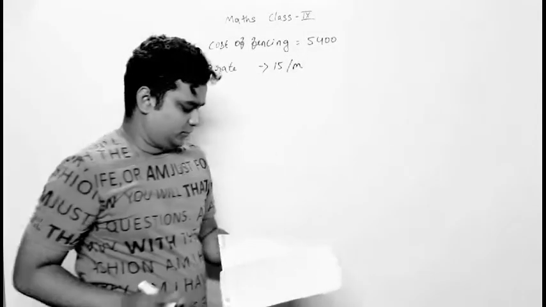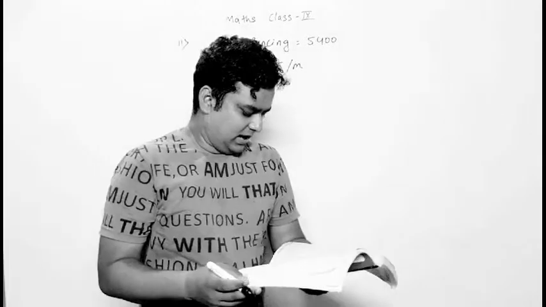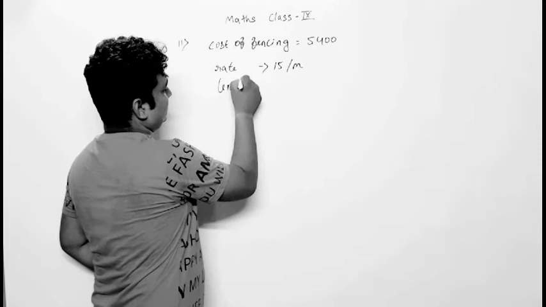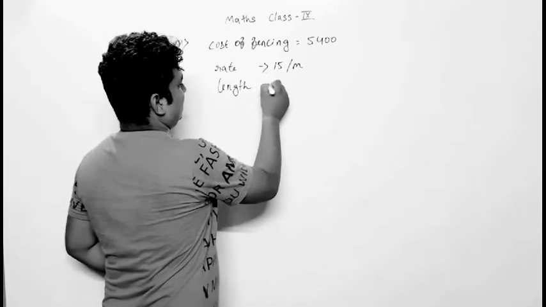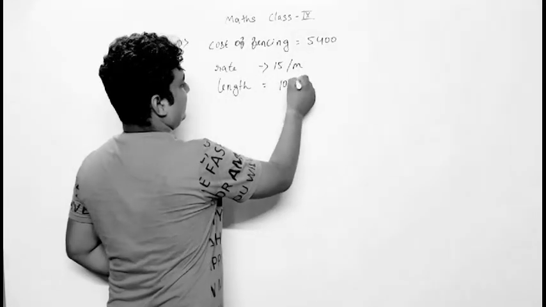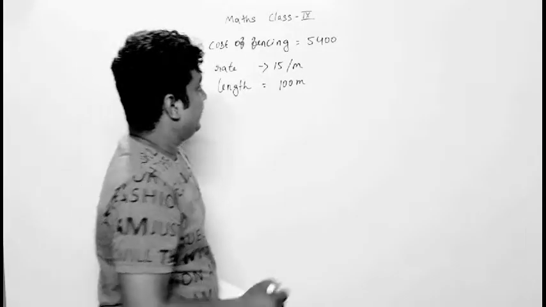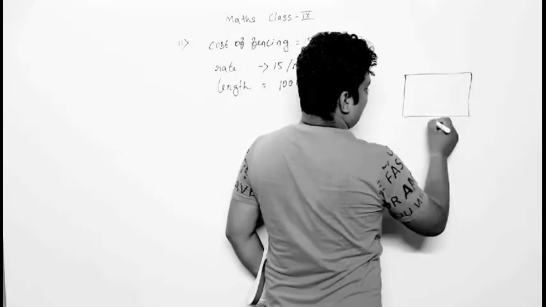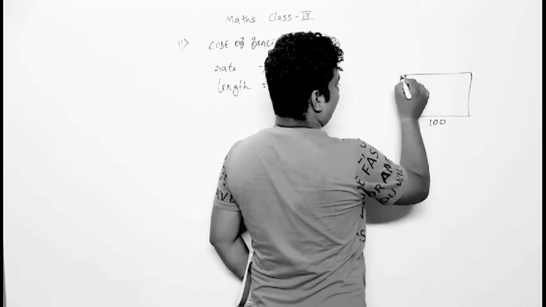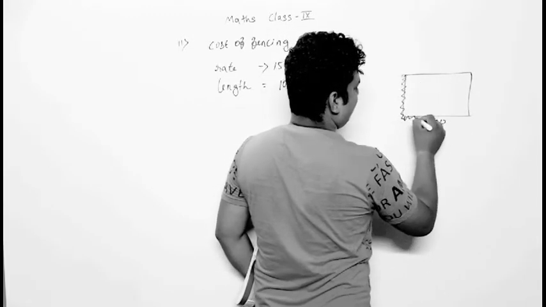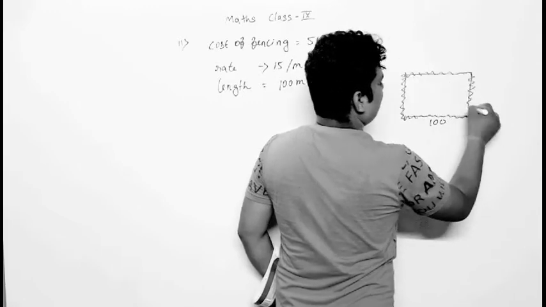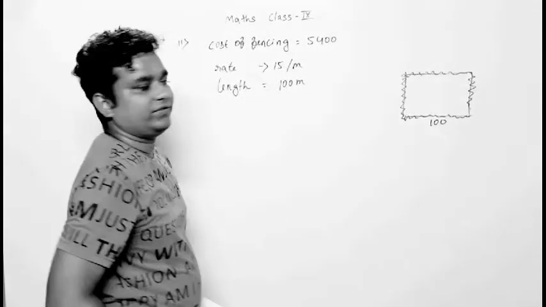The length of the garden is given, length equals 100 meter. So we have a garden in this form, this length is 100, and we are fencing the boundary. This complete boundary is being fenced, and the total cost is 5400 rupees.